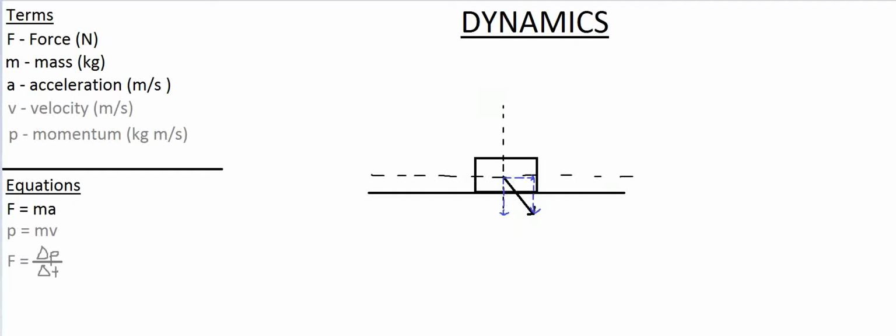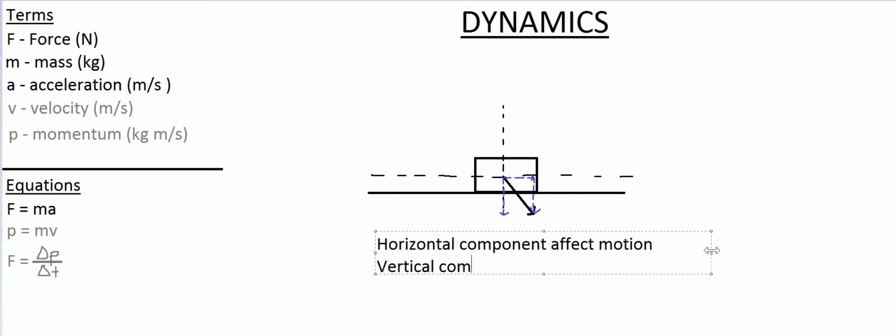So the horizontal component of the force will affect the motion of the object, and the vertical component affects something called the normal force.